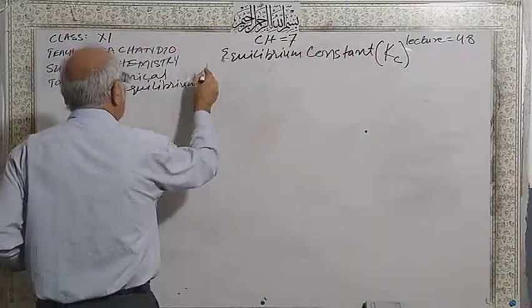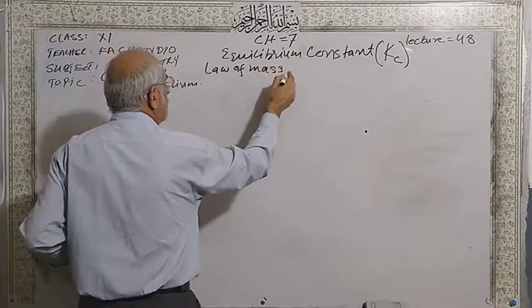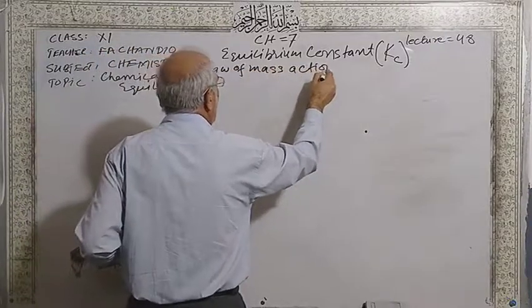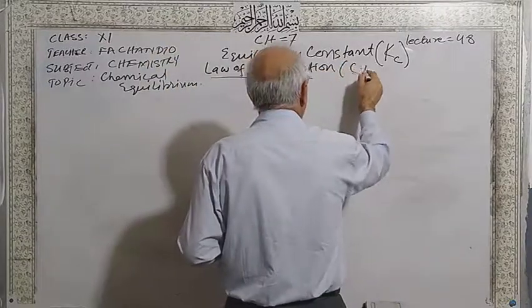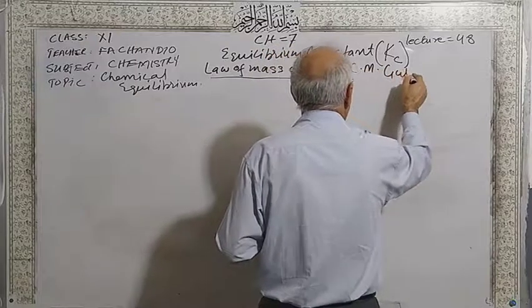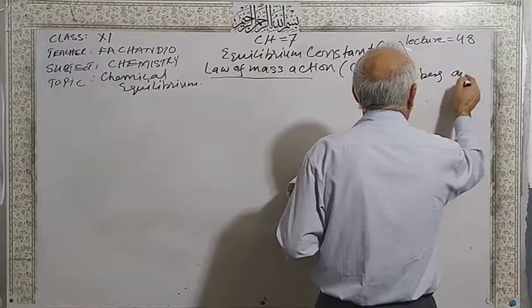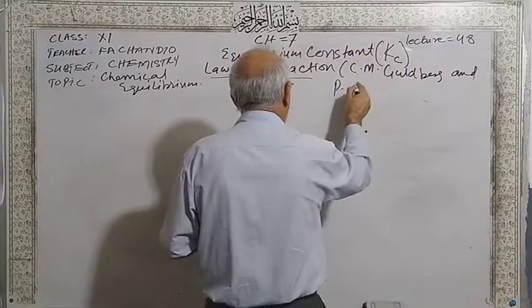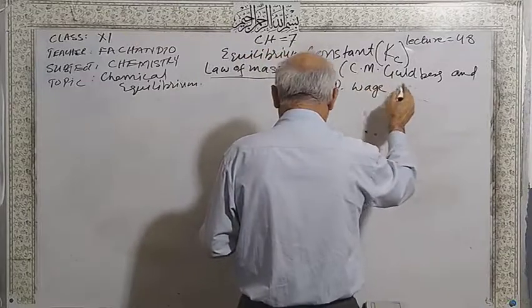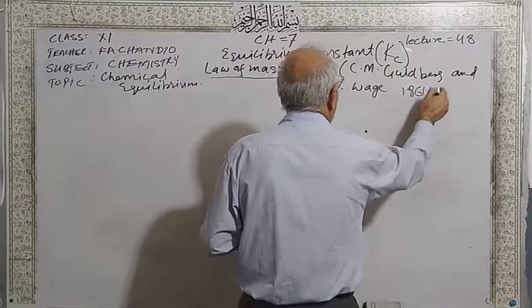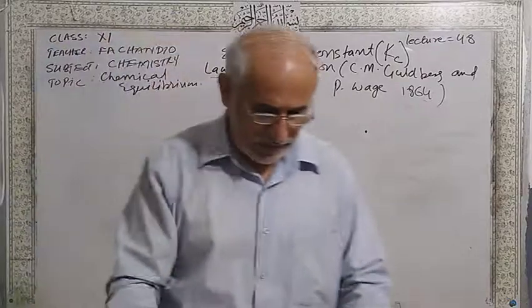This law is called the law of mass action. Two scientists, C.M. Guldberg and P. Waage, in 1864, put forward the law called the law of mass action.